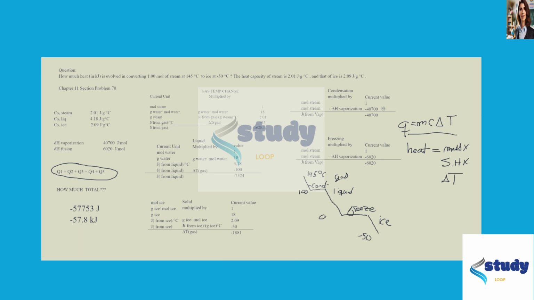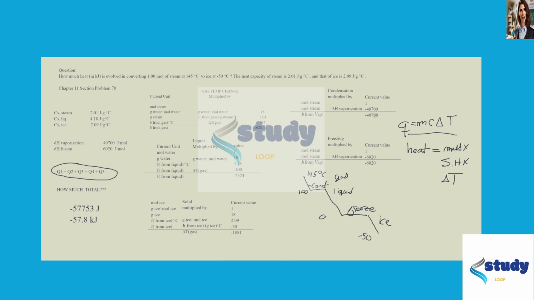It's a larger value, and also the nature of this process is different. We're not changing the temperature anymore. We're changing the state of matter. The fact that these values are so much higher than the other ones is because we're breaking hydrogen bonds if we're going from a liquid to a gas. So that should be a huge value.